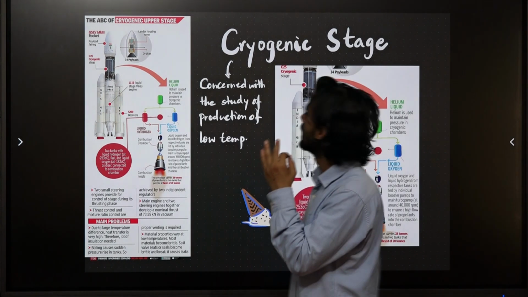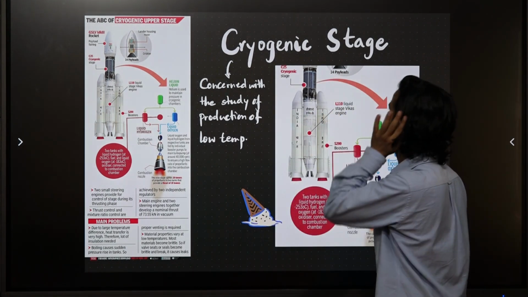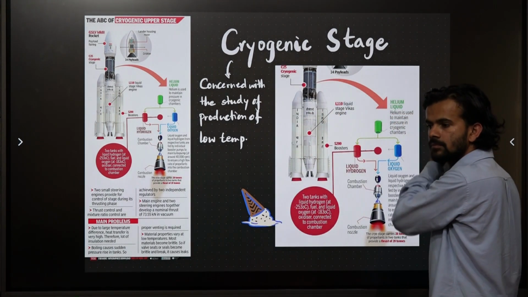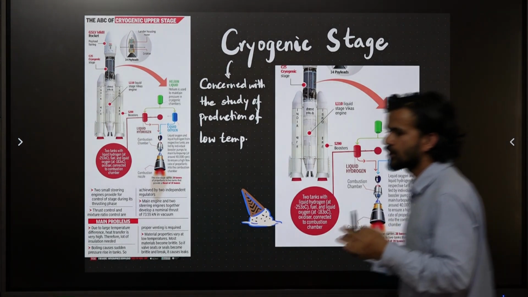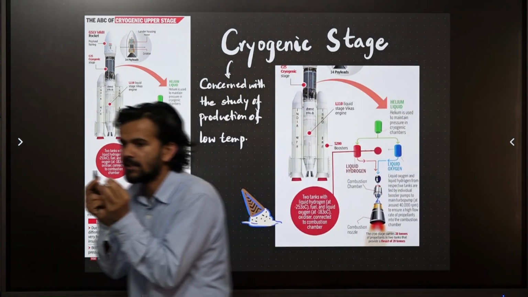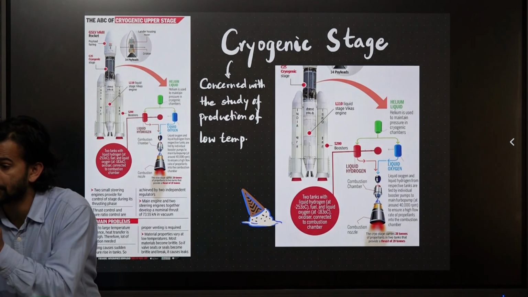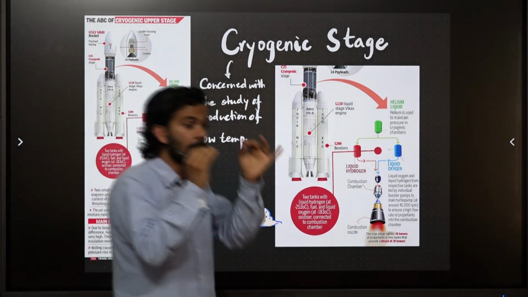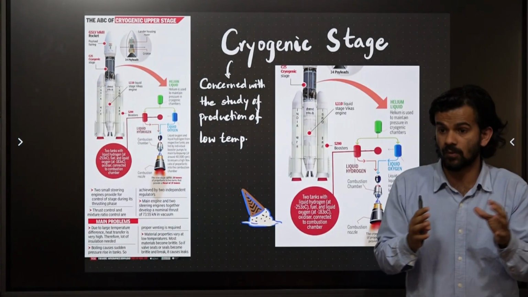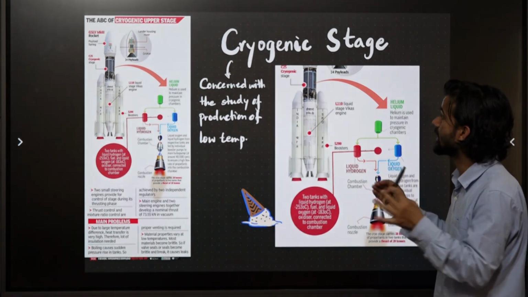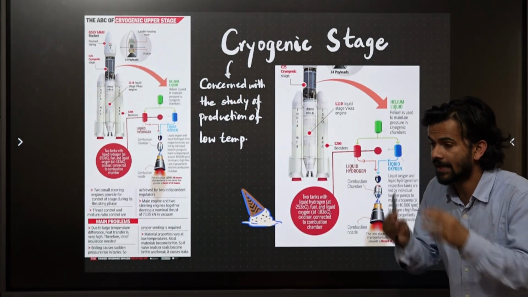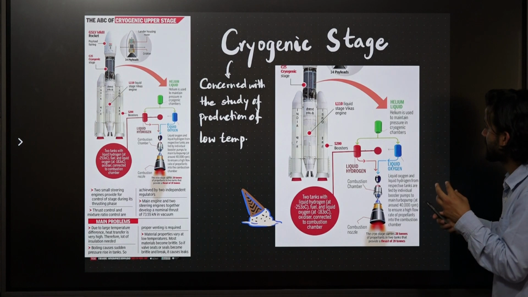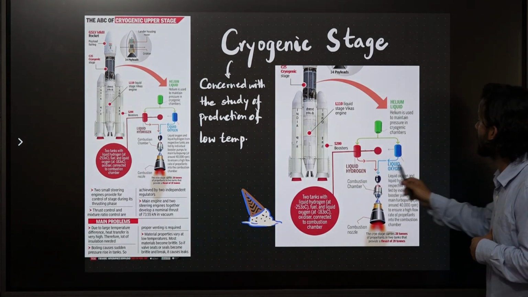Now the third stage is the cryogenic stage. Cryogenic means something that deals with very low temperature. So one of the rocket's main fuels is cryogenic fuel. The cryogenic fuel used here is liquid hydrogen and liquid oxygen.